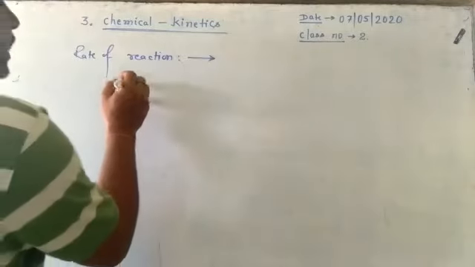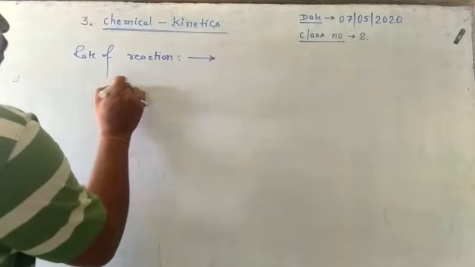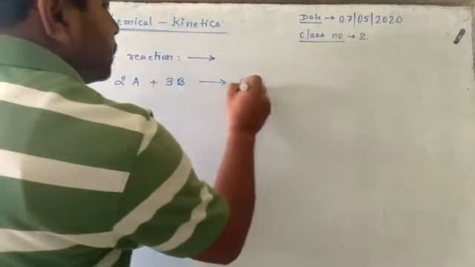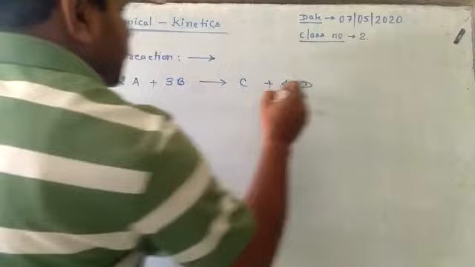Students, if we take 2A plus 3B, it gives C plus 4D.